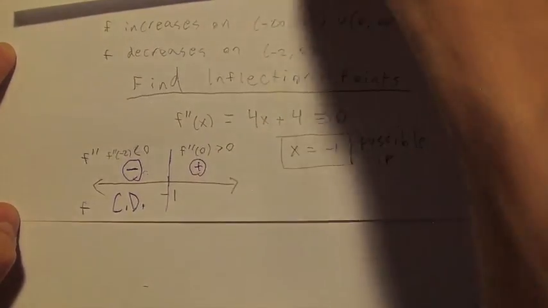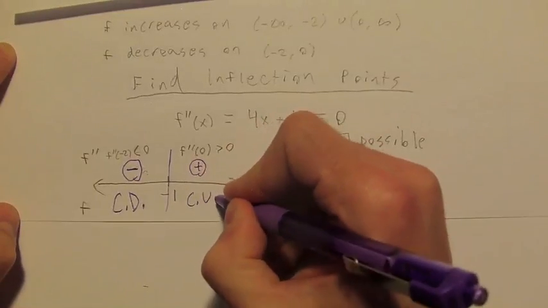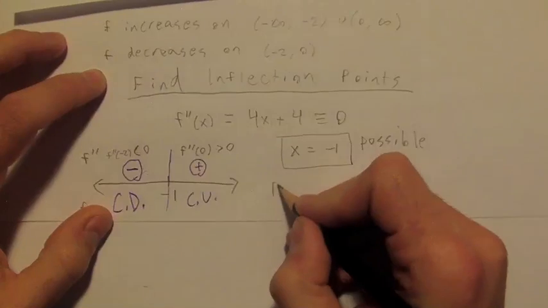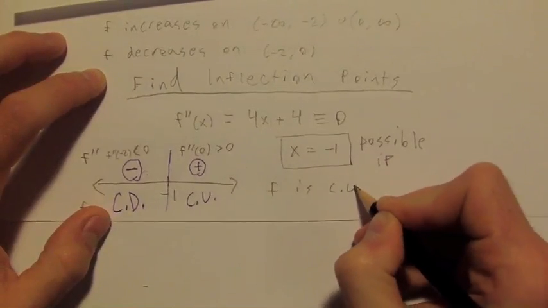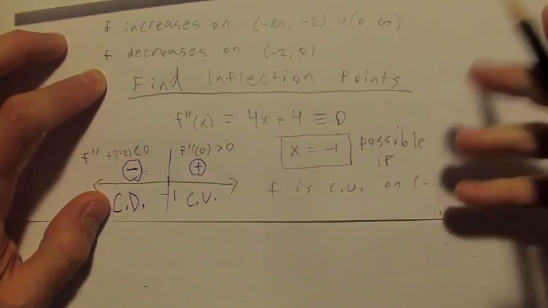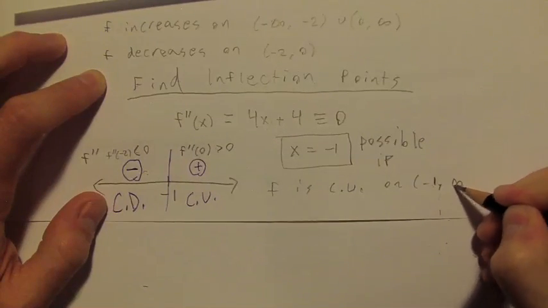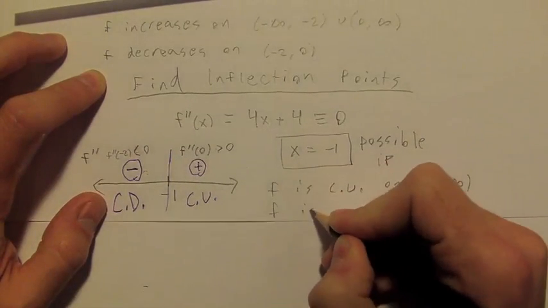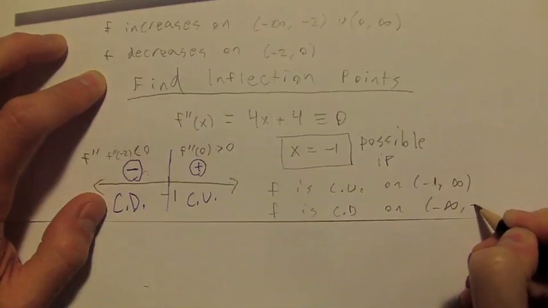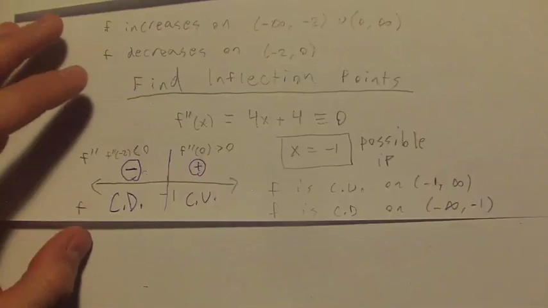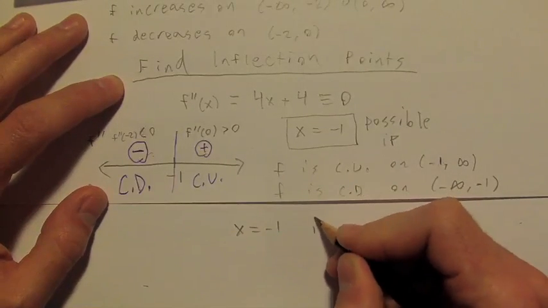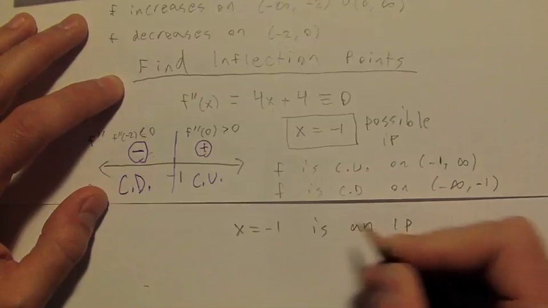But that means that f is concave up on this interval. Okay, so we could say that f is concave up on negative 1 to infinity, and f is concave down on negative infinity to negative 1. And that means that x equal to negative 1 is an inflection point.